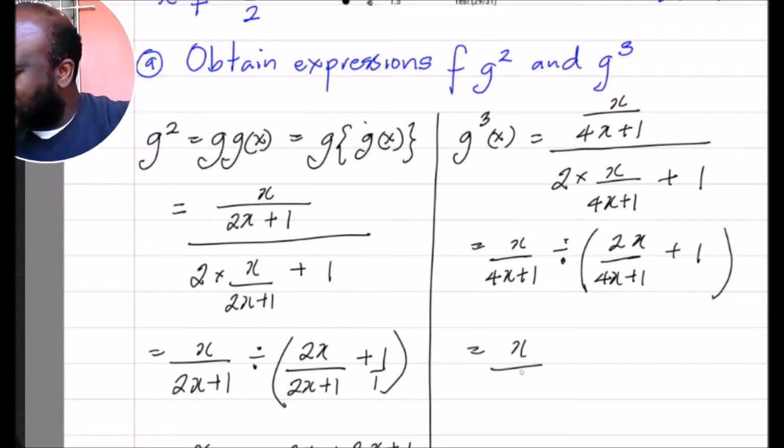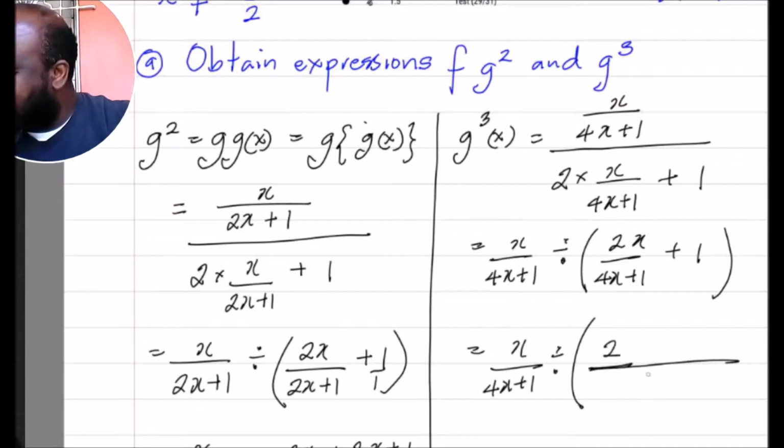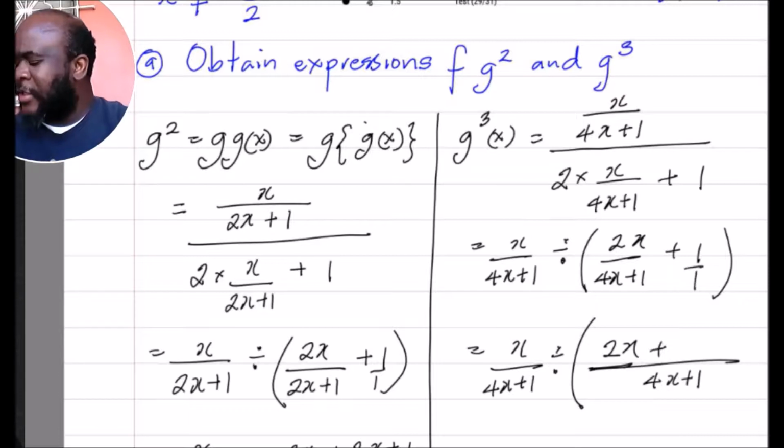This is x over 4x plus 1 divided by 2x, I have 4x plus 1 plus 1 into 4x plus 1 is 4x plus 1 times 1. We have 4x plus 1.